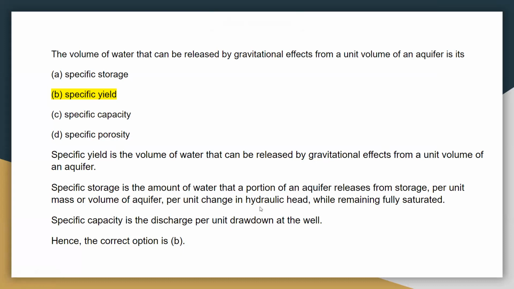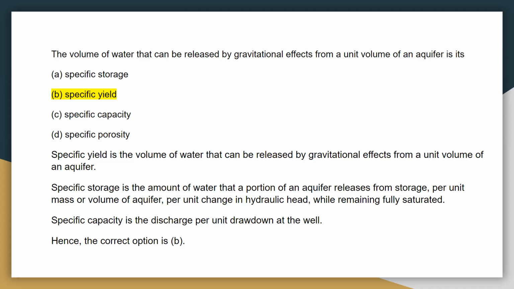If you consider a column of the aquifer, and there's a reduction in hydraulic head by one unit, say 1 meter, per unit volume of the aquifer, then whatever amount of water is released is called the specific storage.